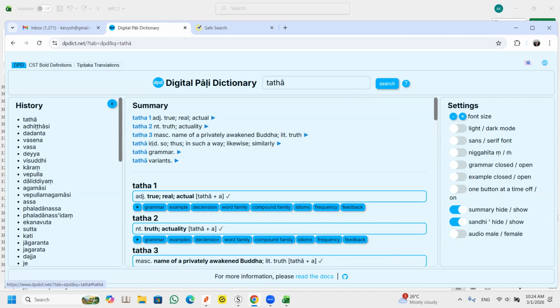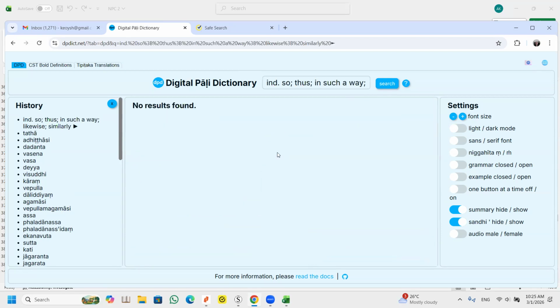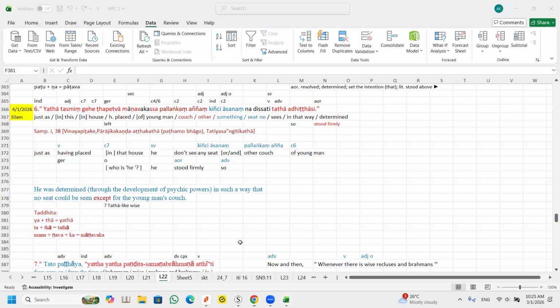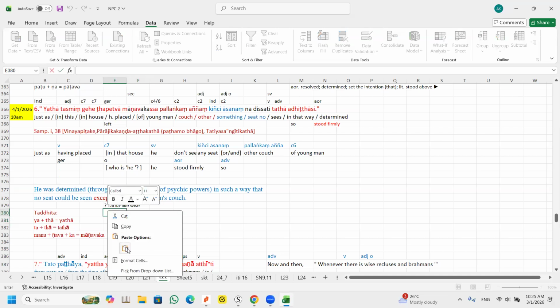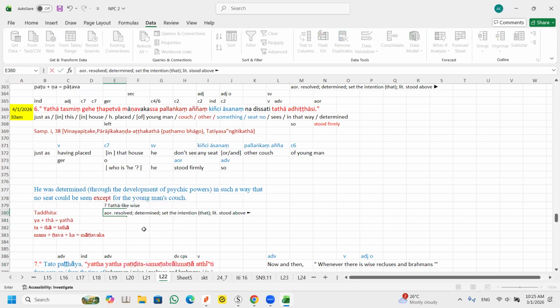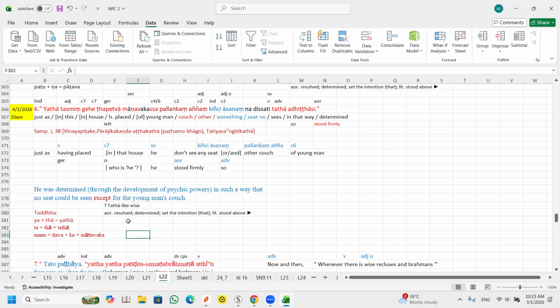So the word tatha, this word tatha here. Yeah. So you see, that means if you look at the sentences, he did not see any seat or any couch, and then he stood firmly.